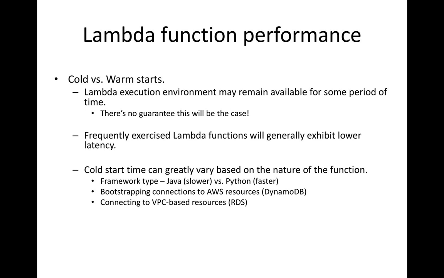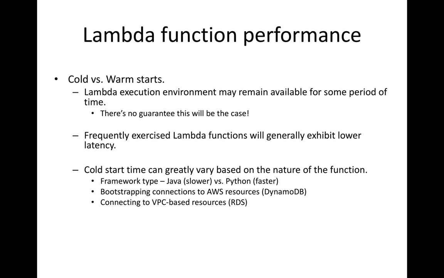In Python, because it's an interpreted language, you don't need to do that. And so the Lambda function can begin executing much faster in a Python environment versus a Java environment. That doesn't mean the Python code runs faster. It just means that there's less upfront bootstrapping time required to actually invoke the function.